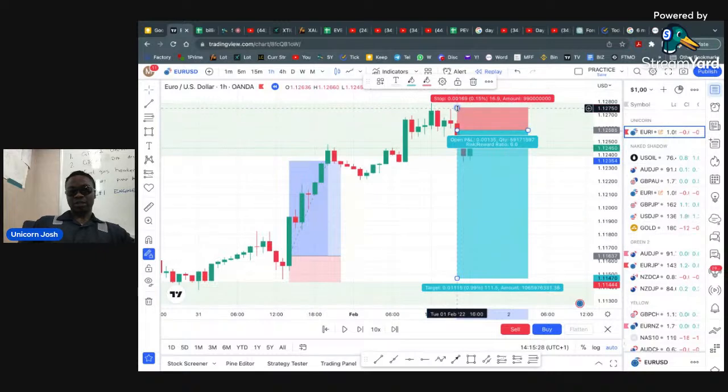We have the candle body and the candle wick. So they have long wicks and a short body, and the bodies are close to the extreme of the candle.